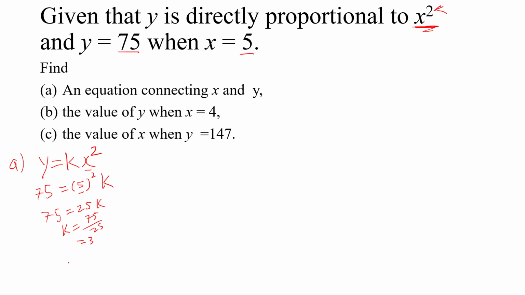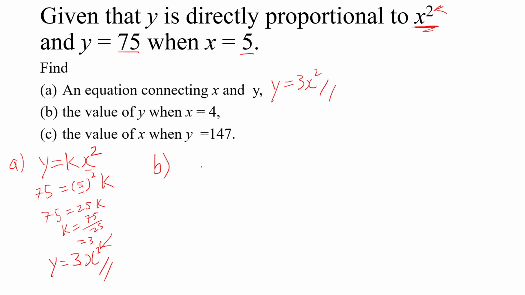Again, this is not the answer. The answer will be y is equal to 3x squared. Alright, because y and x squared are directly proportional. So remember to write the square. So y will be equal to 3x squared. This will be the equation, the specific equation for this question.